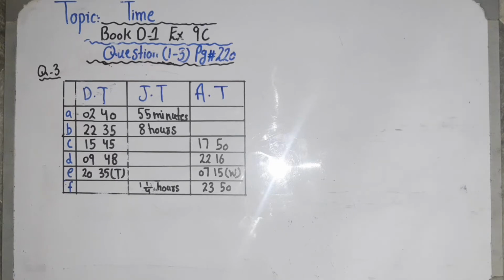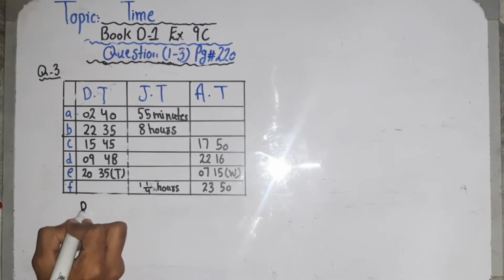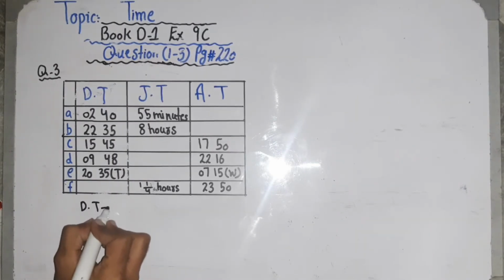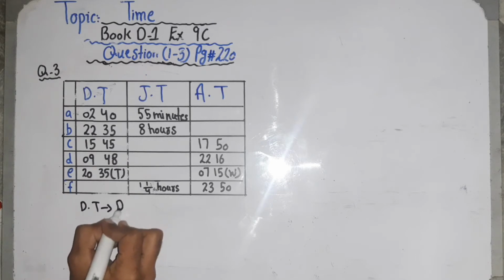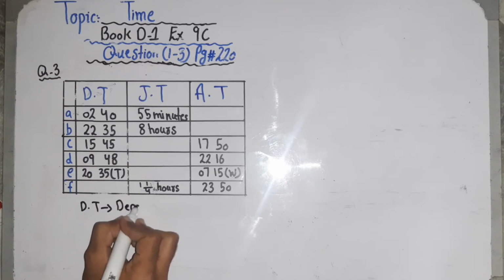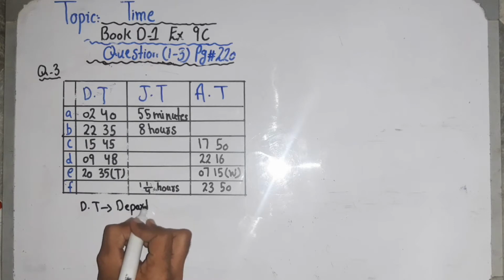Before starting question number 3, you have to understand a few terms. We have three types of time basically. The first one is DT. DT stands for departure time.